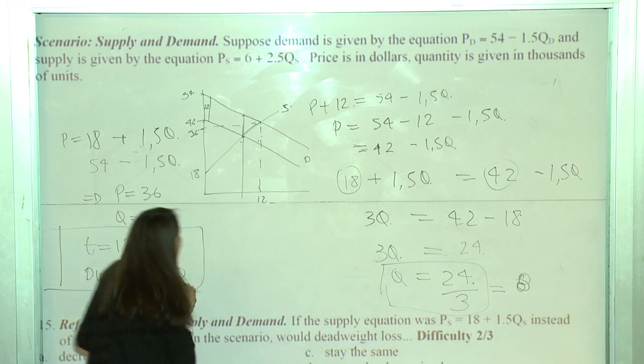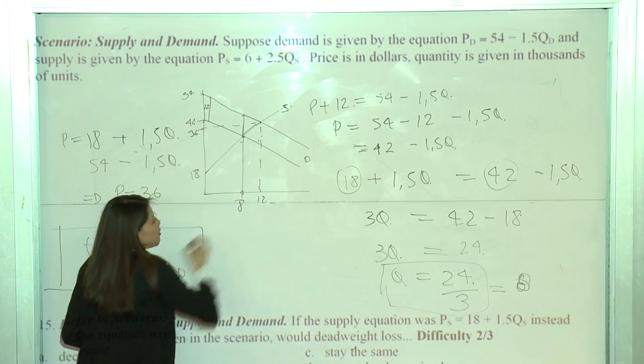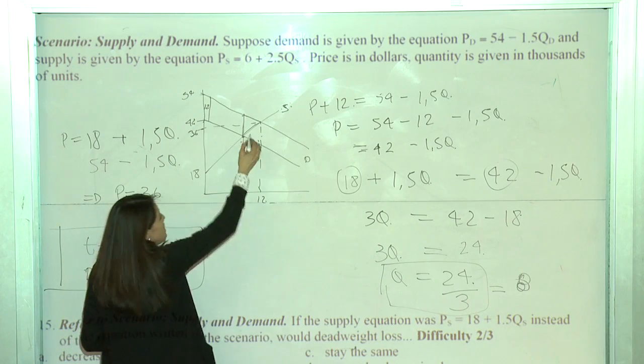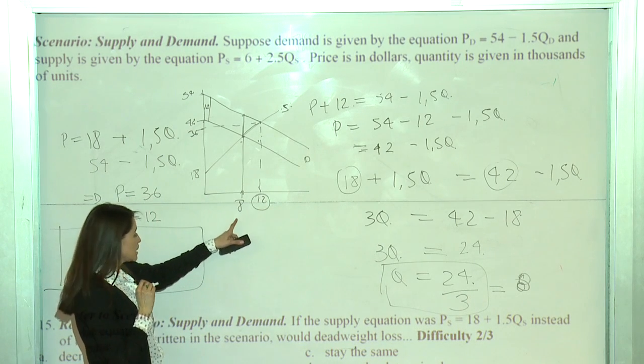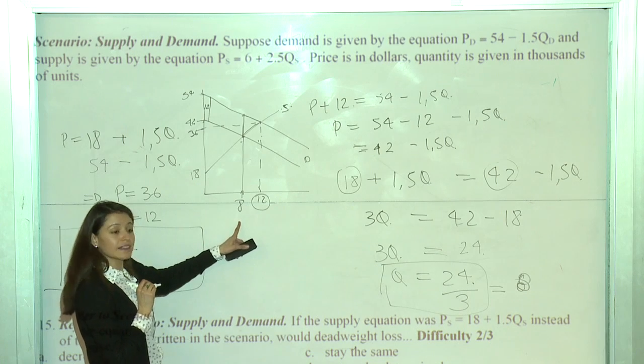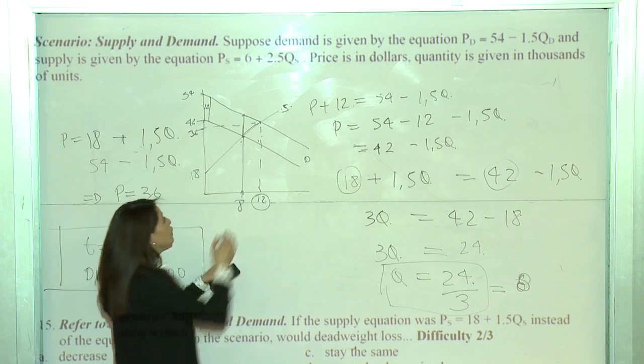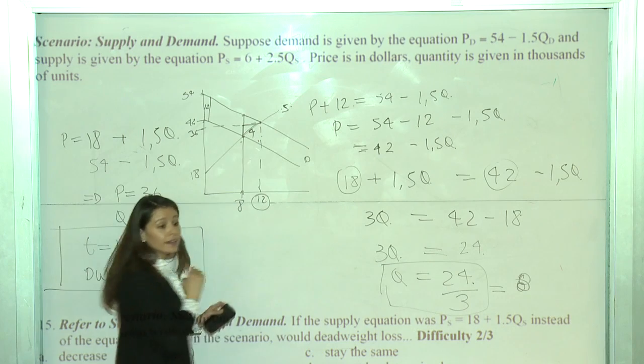So quantities change to 8, right? So the difference between the equilibrium quantity and the quantity with the tax is 4, right?